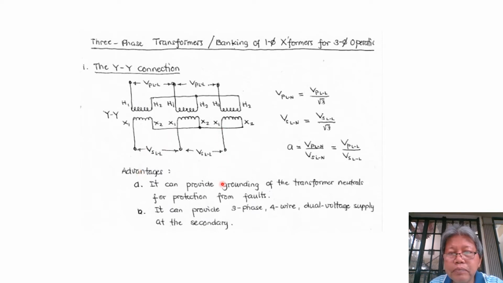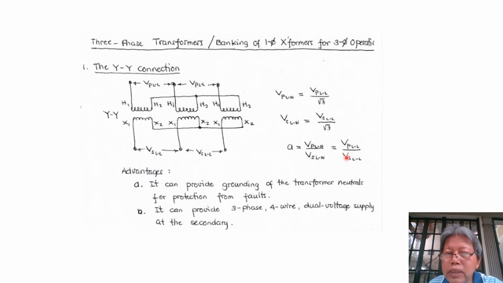Okay, now as to the transformation ratio, the primary line to neutral voltage is equal to the primary line to line voltage over square root of 3, and similarly the secondary line to neutral voltage is the secondary line to line voltage over square root of 3. Now the transformation ratio is defined as the ratio of the voltage per phase of the primary to the secondary.